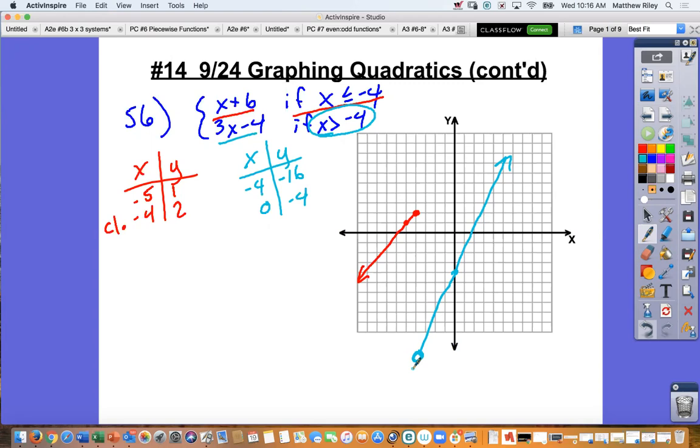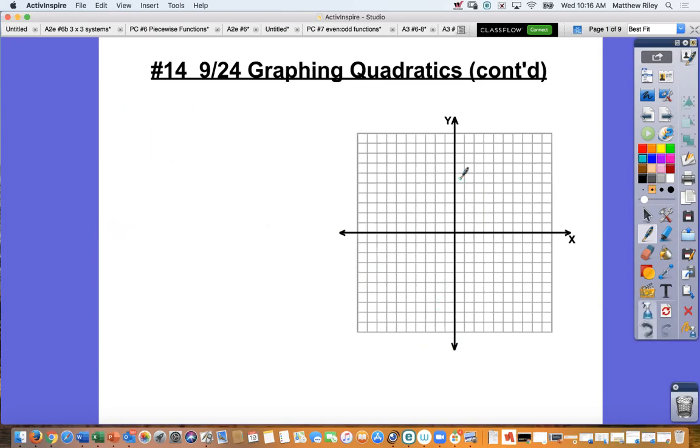So let's do, what was the other one you said? 59. All right, and that'll be the last one from yesterday that I'm going to do. So 59 says this, my function, when I've got x plus 3, I've got 3, and I have 2x minus 1.